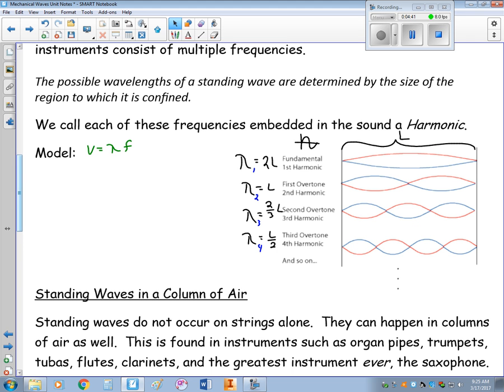And if I were to calculate the frequency for the first harmonic, that would equal v over lambda, which would equal v over 2L. And I can do this for each one of these.